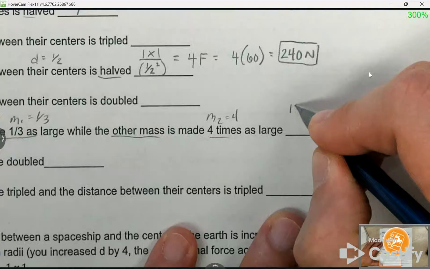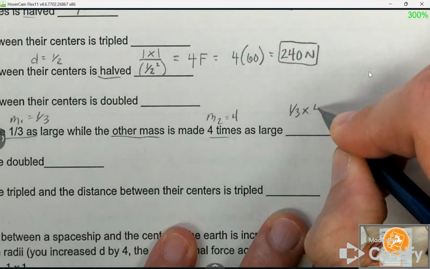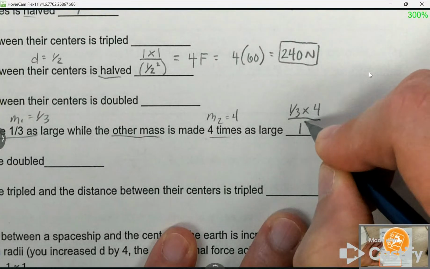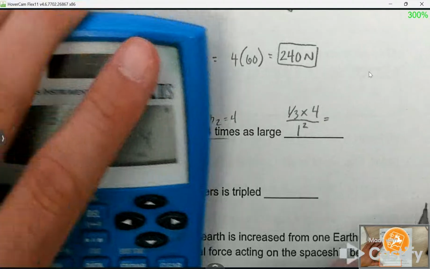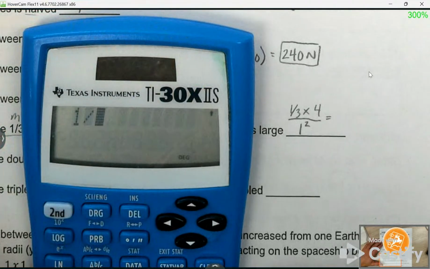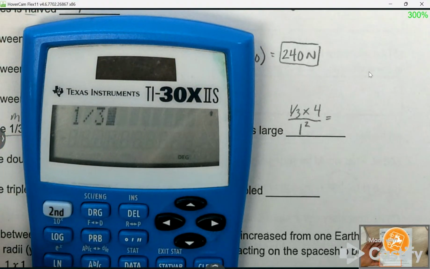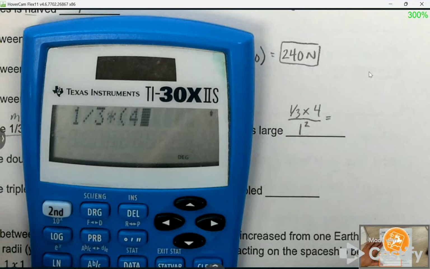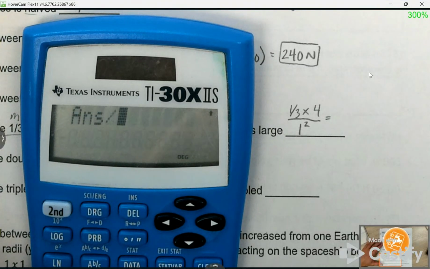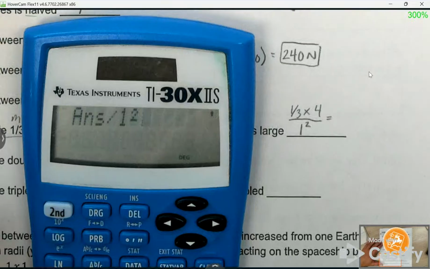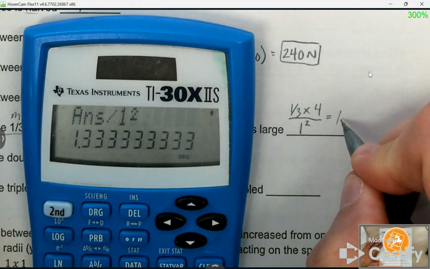So we would have 1/3 times 4 over 1 squared. One divided by 3 times 4. We got that 1.33 repeating. We divided that answer out by 1 squared. You're going to get that 1.33 repeating.